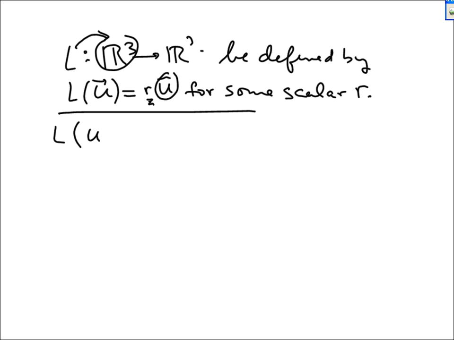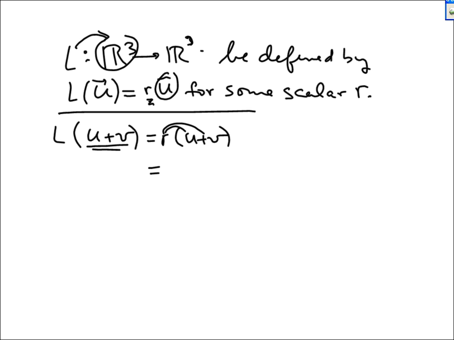L of U plus V, where U and V are in R3, becomes R times the vector U plus V, and when you add vectors U and V, you get a vector, and L of any vector is R times that vector. We know some properties about sums of vectors.